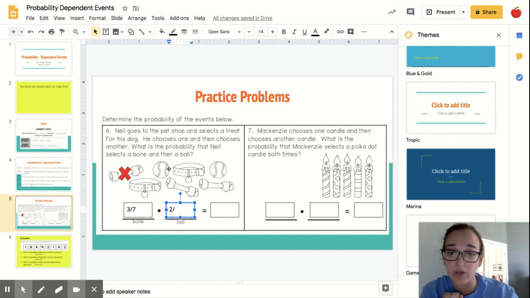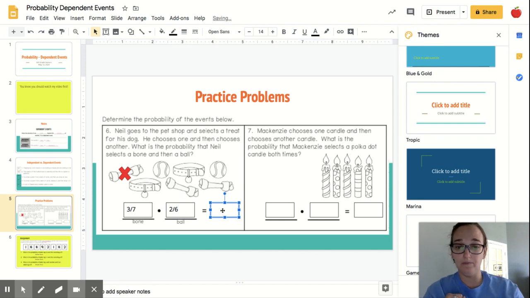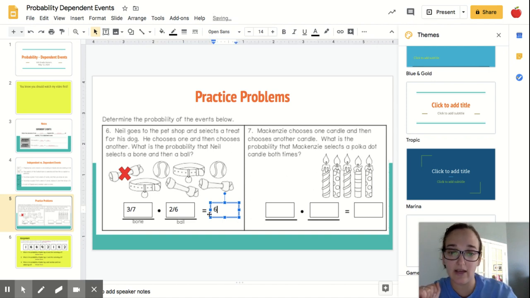Well, now there's only 1, 2, 3, 4, 5, 6 things. So it really impacts that second event if you're not replacing the item, okay? But then my steps are the same. I still take the probability of the first one and I multiply by the probability of the second one. So my numerators, 3 times 2 is 6. 7 times 6 is 42.